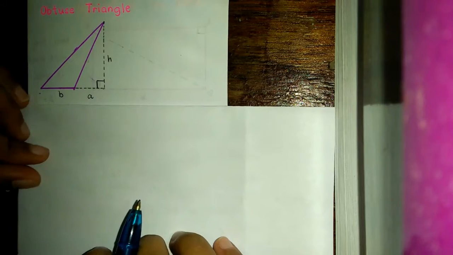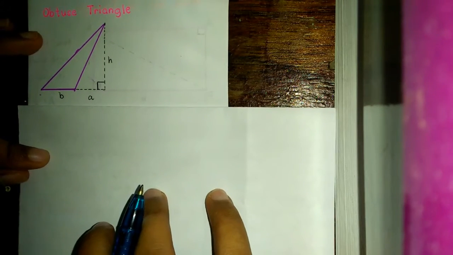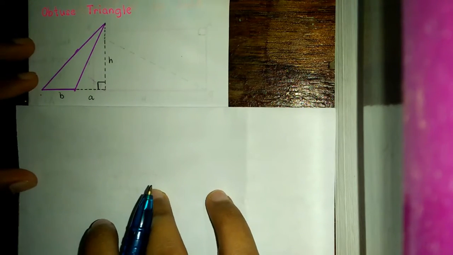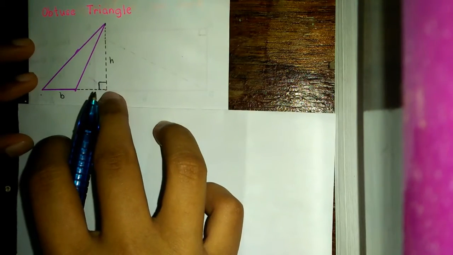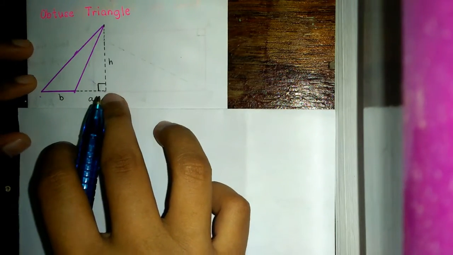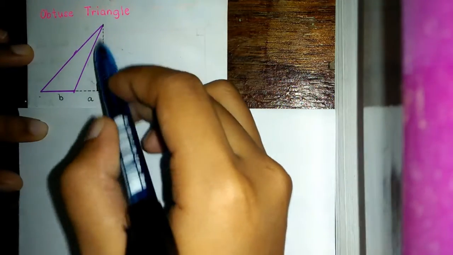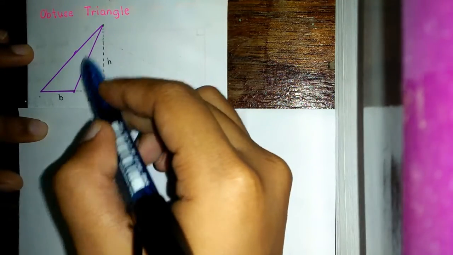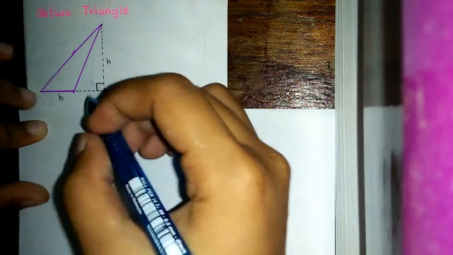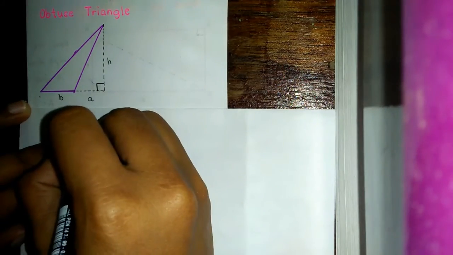Let's proceed to finding the area of an obtuse triangle. Consider this figure. So the area of the two triangles, which is the bigger triangle and this triangle, are 1/2 base, which is b plus a, the height, which is h.